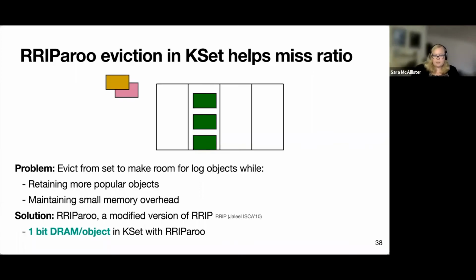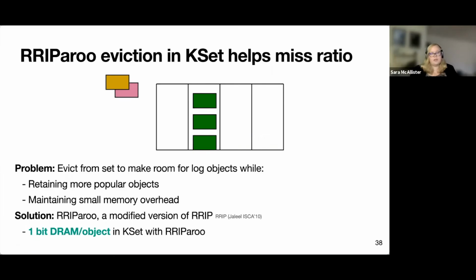The big advancement in RRIParoo over a basic RRIP design is that we can use RRIParoo to have 3 bits worth of information around all of these objects while only keeping 1 bit in DRAM per object for every object in KSet. And so we essentially do this by keeping the 3 bits worth of information on flash, and thus only need 1 bit of information in DRAM to have a very effective eviction policy.